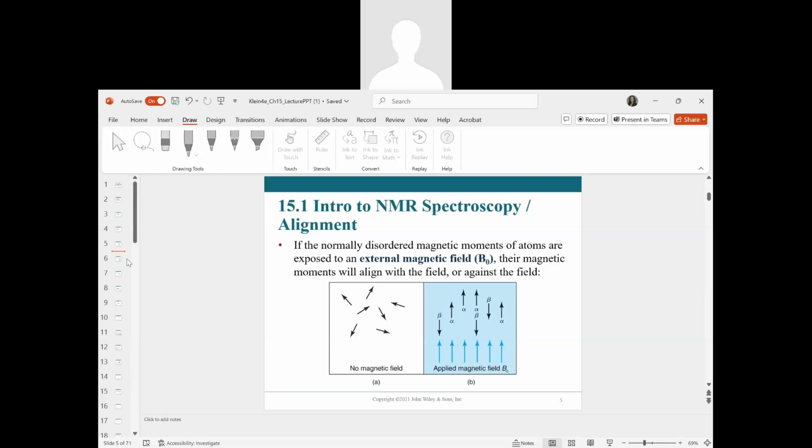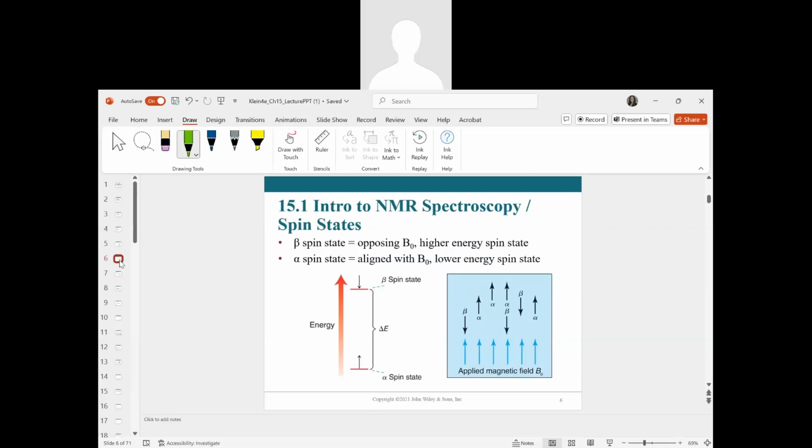So what happens then when we apply this magnetic field, our atoms align, and they can align either with the applied magnetic field or opposing it. If we have a spin state that we say is opposing the external magnetic field, that will be a higher energy spin state, right? It takes more energy to exist in that state. We can see an example here.